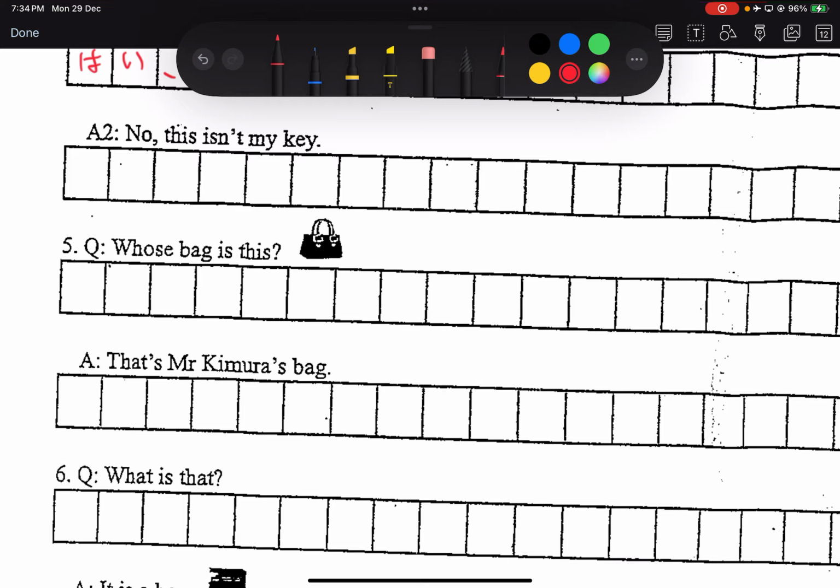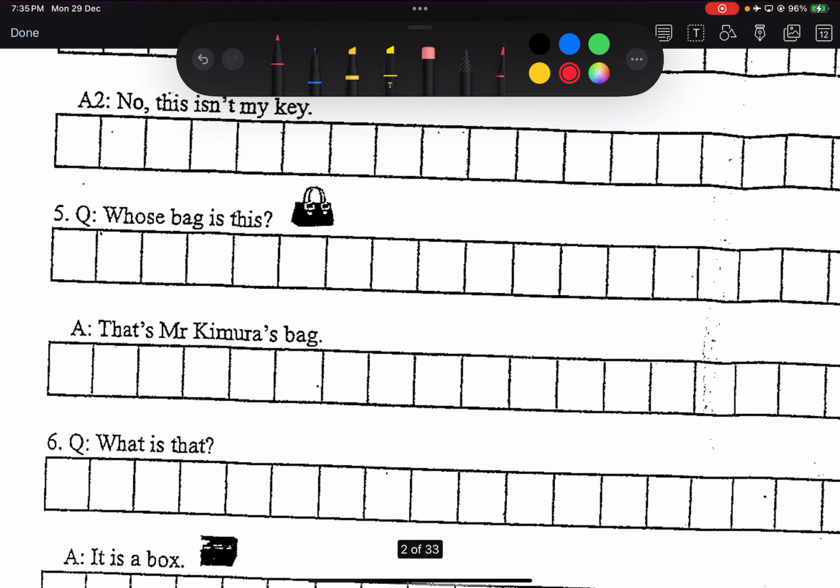So, いいえ、私の鍵ではありません。 Or 私のではありません。 You can also say the この one. いいえ、この鍵は私のではありません。 That's also okay. So there's two different ways.